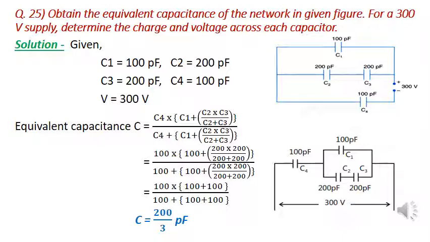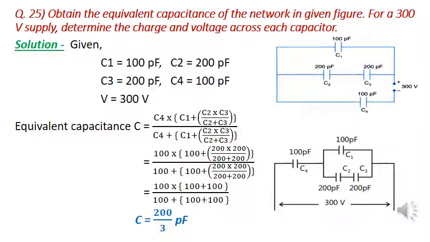For the first part, we have to find out the equivalent capacitance. You can find the equivalent capacitance by calculating the combination of C2 and C3 firstly, then taking the equivalent capacitance of the resultant of C2 and C3 along with C1, and finally joining it with C4.